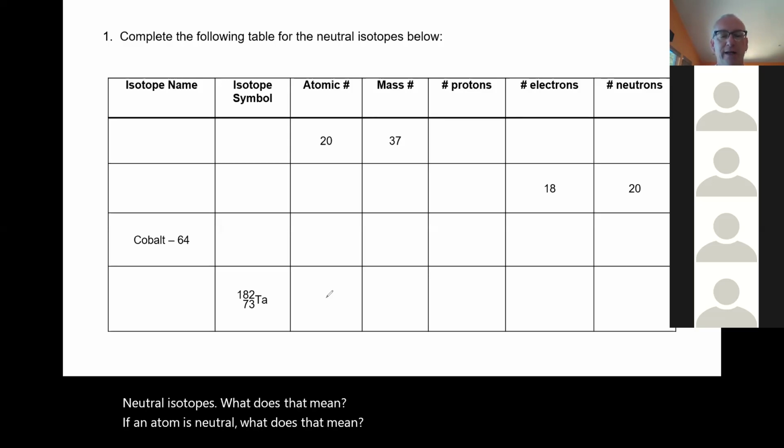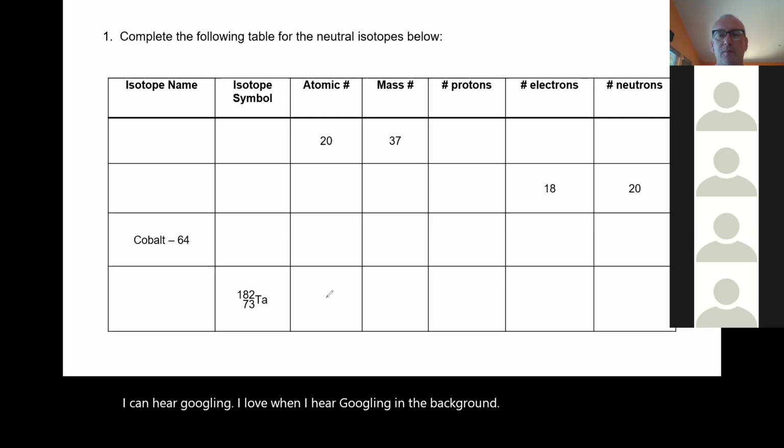I can hear Googling. I love when I hear Googling in the background. What's a neutral atom? When the electrons and the protons are equally balanced.